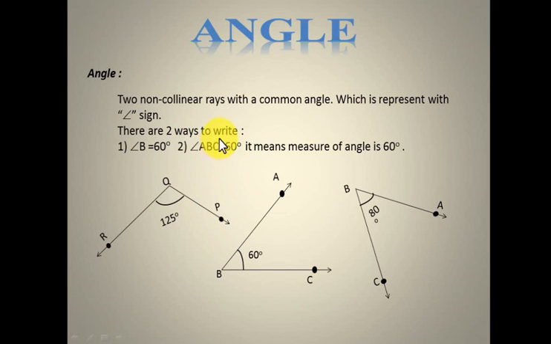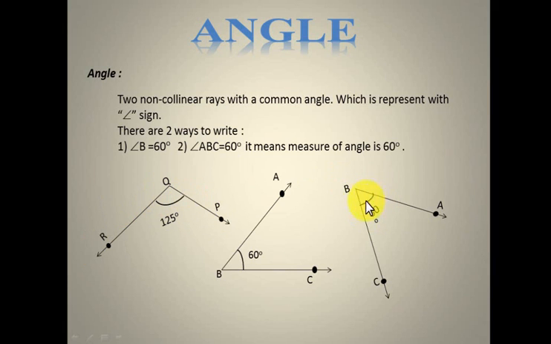They should always be in a line. You can give the name of an angle as ABC or CBA. You can't give ACB or CAB. They should be in continuum. Okay, see, an angle can be in any orientation. This PQR is fully upside down, and the measure of the angle is 125.